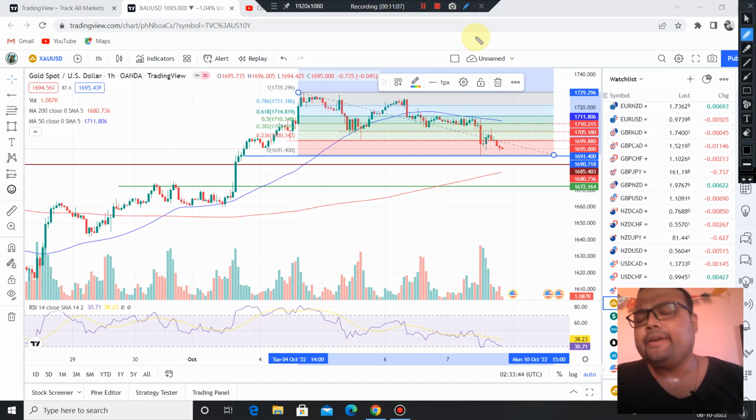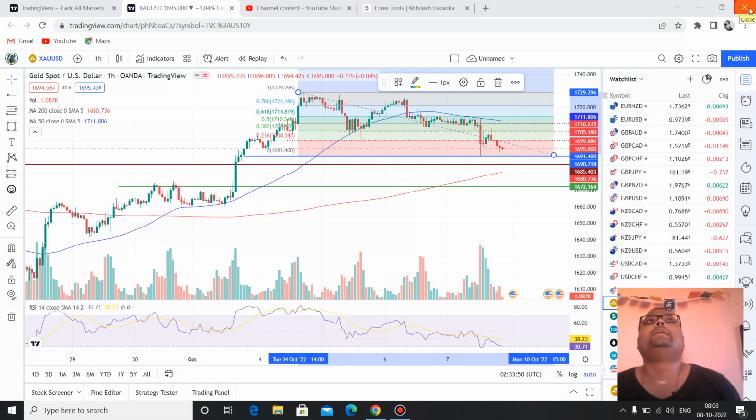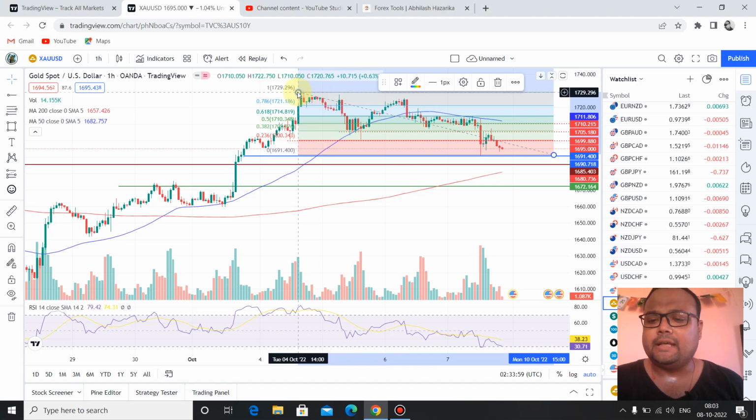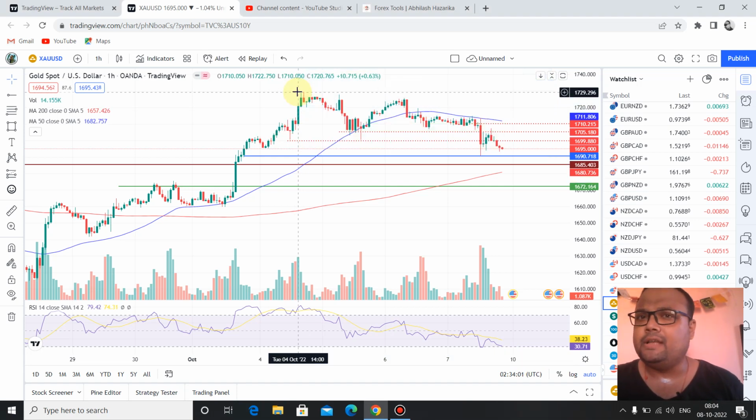The significance of the 1710 level is that we also have the 50 moving average. If we combine both factors, the 50 moving average plus Fibonacci, it gives us confirmation that some good sellers can be present around 1710. So 1699-1700 is the first resistance, 1705 is the second, and 1710 is the third resistance.